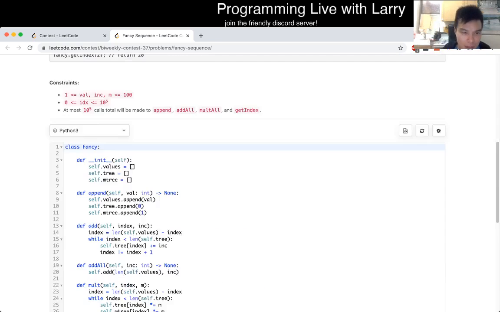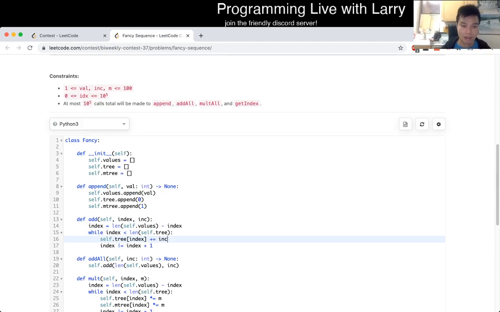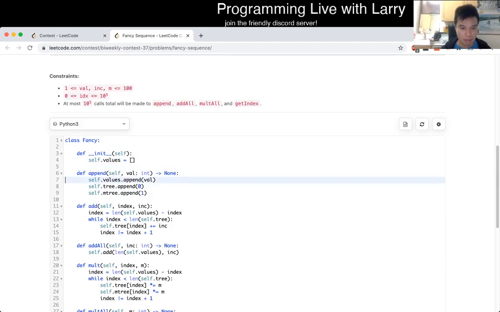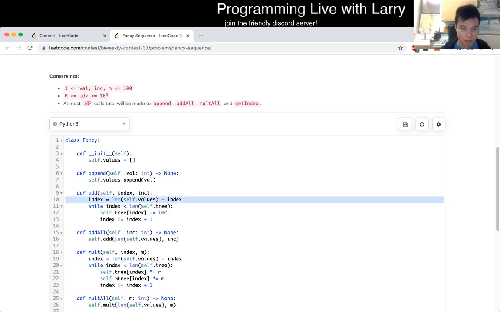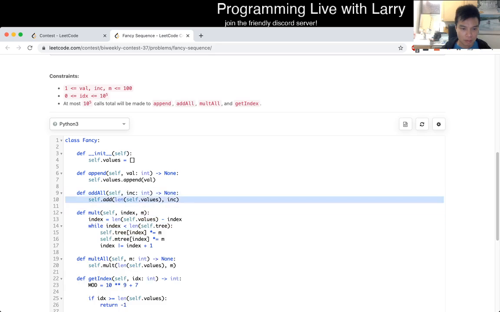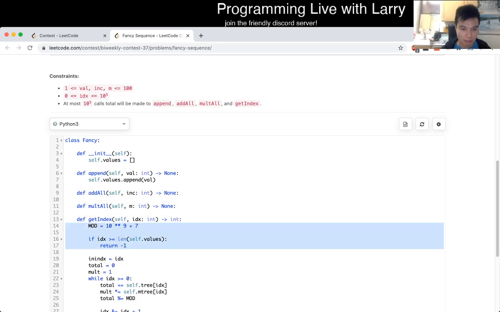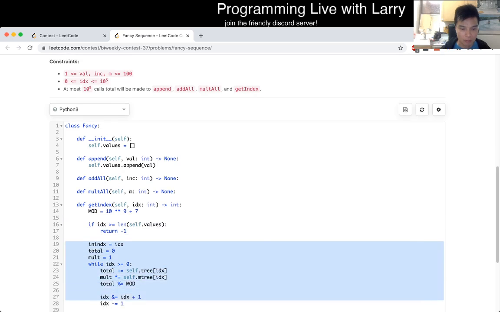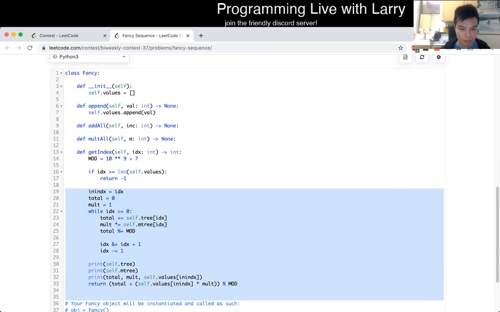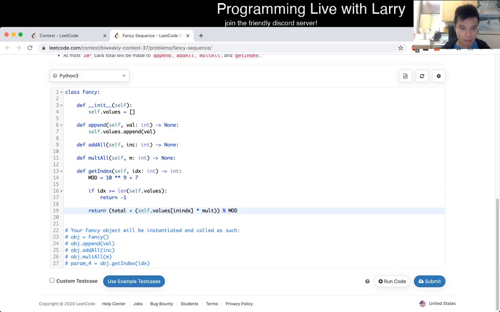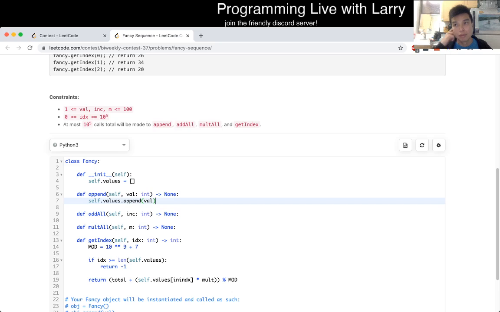Do something like keeping track of it as you add something, but now let's just have to do the math in reverse.